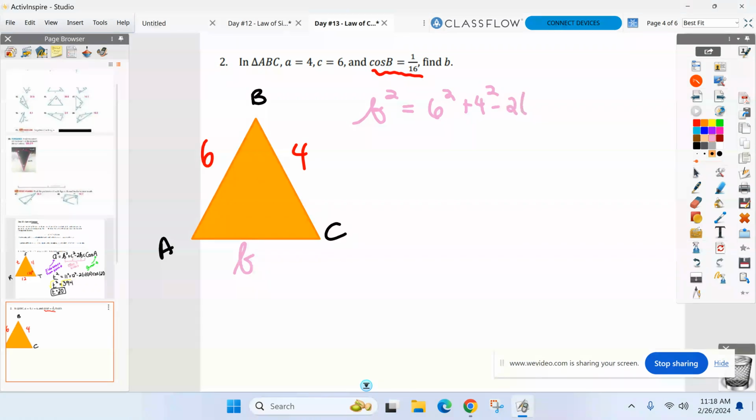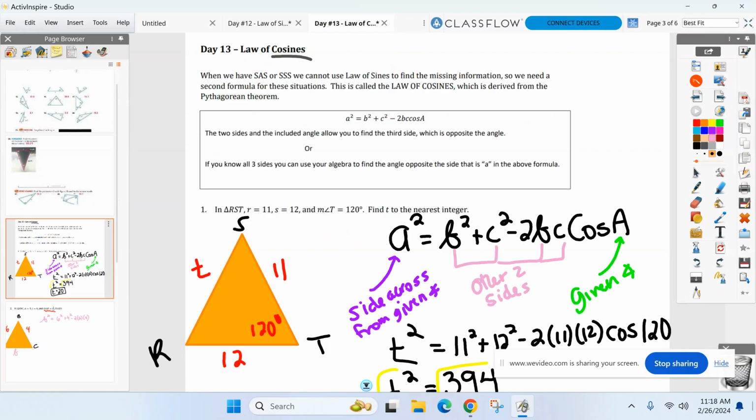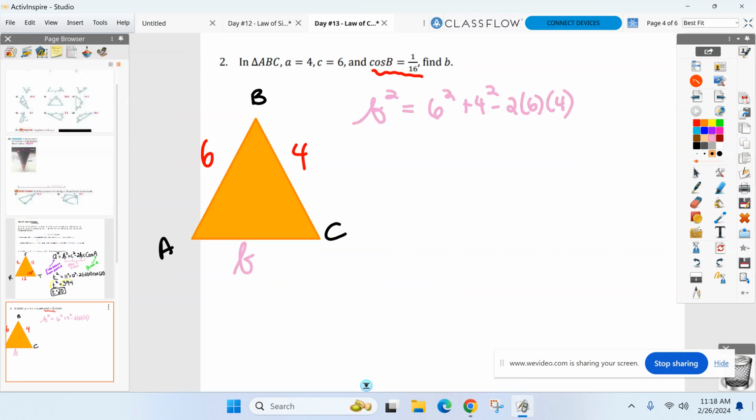Minus 2 times 6 times 4. Ooh, now watch it here. Watch what's about to be plugged in. Last time, we did the cosine of 120, because that was the angle measure. But now, is my angle measure 1/16? Is that what angle B is? 1/16 of a degree? No. So I'm not going to put cosine of 1/16. I'm just going to put 1/16.